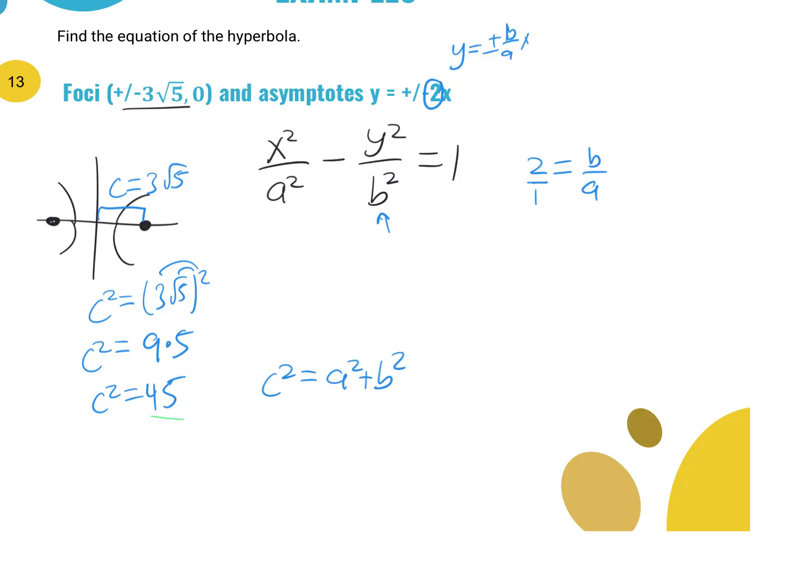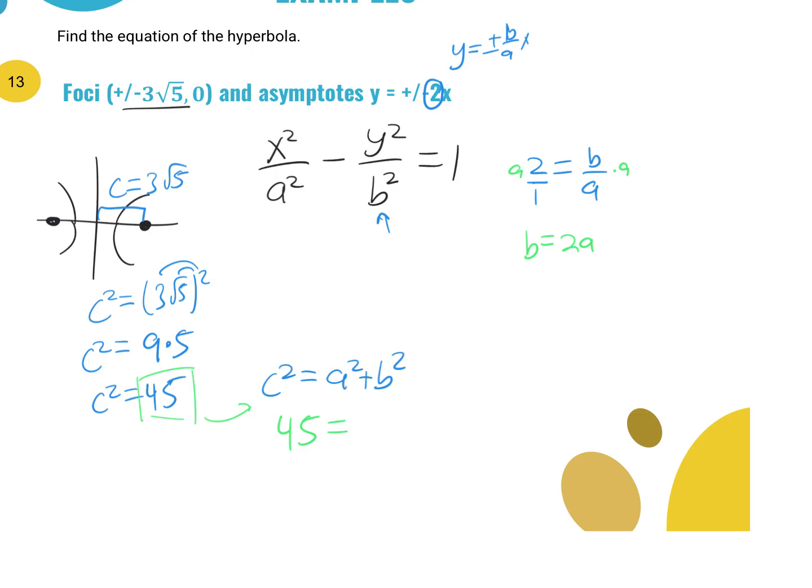Something that we can do is multiply by a on both sides. Then I get b equals 2a. You're probably like, okay, well, how does that help us? Well, if I try to plug in the information that I have, I'm going to plug in that 45 for c squared.